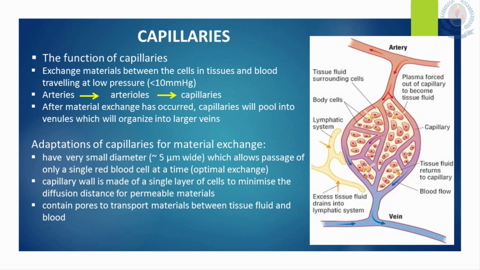But sometimes this becomes the other way around. There is only one example: the pulmonary arteries and veins are an exception. Pulmonary veins carry oxygenated blood towards the heart, and pulmonary arteries carry deoxygenated blood away from the heart.